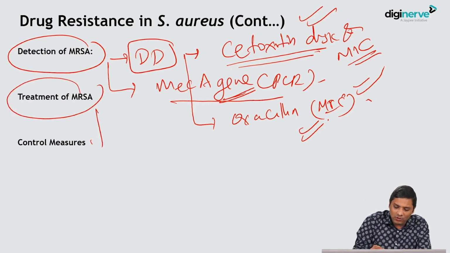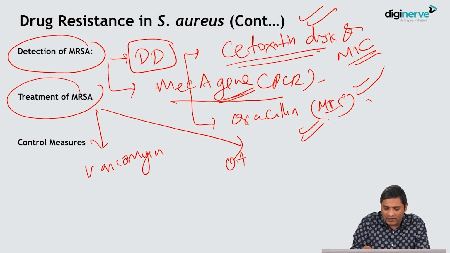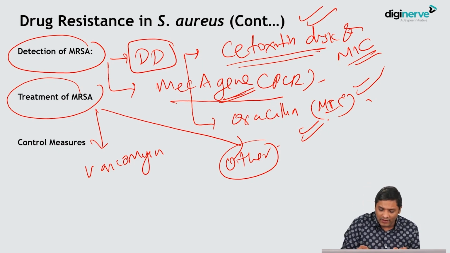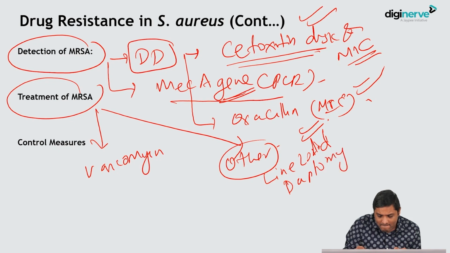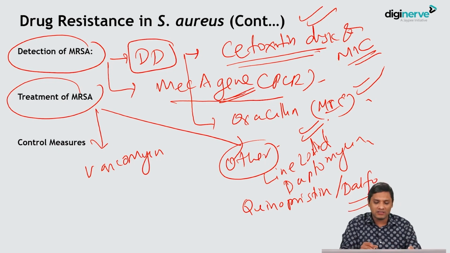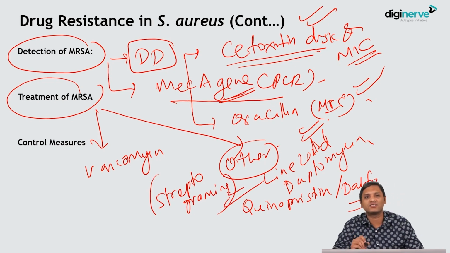Treatment of MRSA, I told you that vancomycin is the drug of choice. Of course, you can give any other non-beta lactam antibiotic, like for example linezolid, daptomycin, quinupristin, dalfopristin, these are streptogramins.